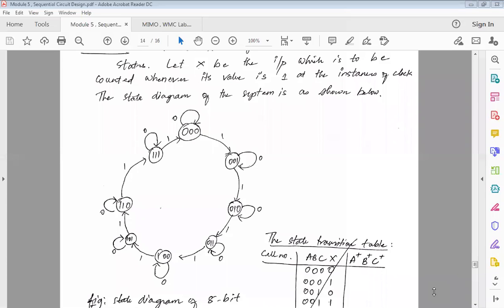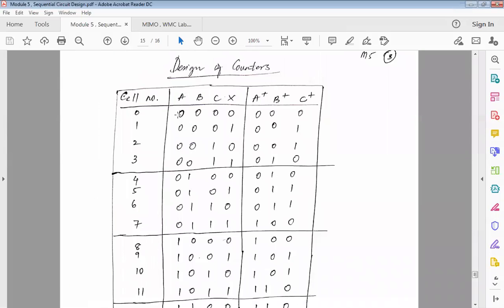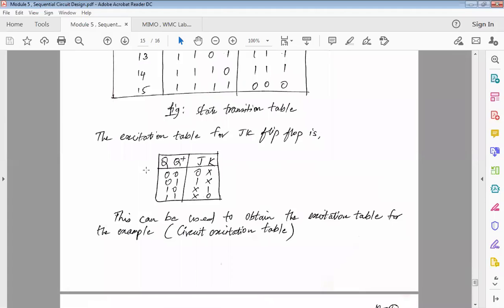So we do not have any influence of flip-flop here. The influence of flip-flop happens only when the implementation starts. Even here, you wouldn't have any changes. Even for this tabulation, you wouldn't have any changes. The changes would start from here. If I tell you to implement using D flip-flop, then you will have to change this.